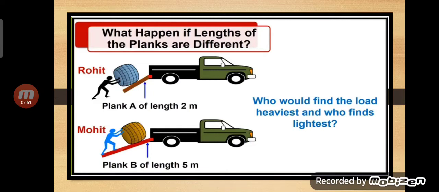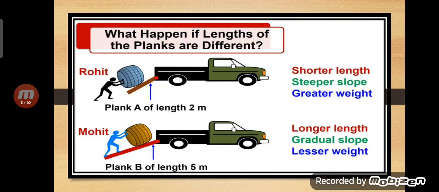Yeah, children, we see that the plank used by Rohit is short and has a steeper slope. Therefore, he has to apply a greater force, right? And the plank used by Mohit is longer and has a gradual slope.